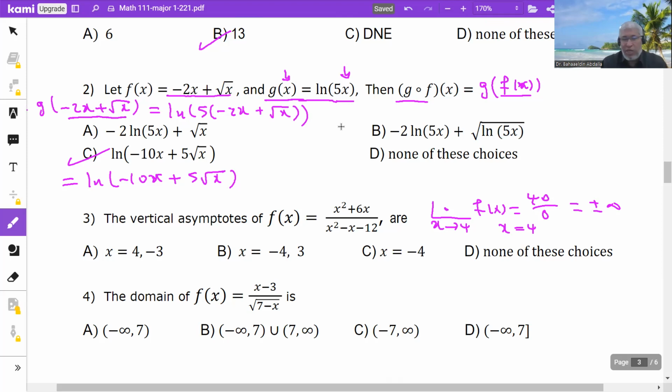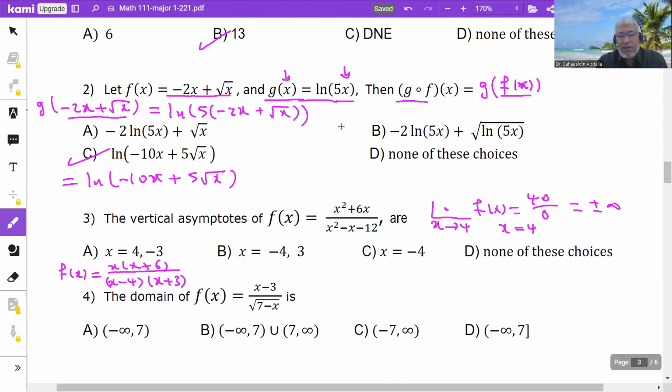You can also check negative 3, 3, negative 4. But also, there is another way. If you factor the denominator, take x as a common factor, and these three terms can be factored into x minus 4 times x plus 3.